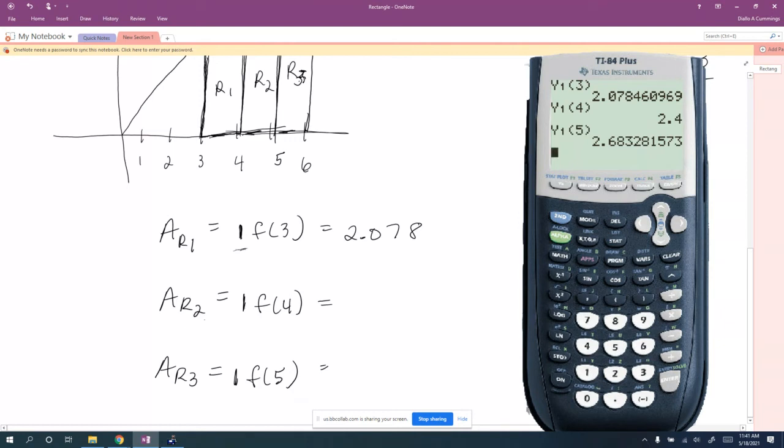We have the area of rectangle 2, which is 1 times f of 4, and f of 4 is 2.4. And then we have the area of rectangle 3, which is 1 times f of 5, which is 2.683.